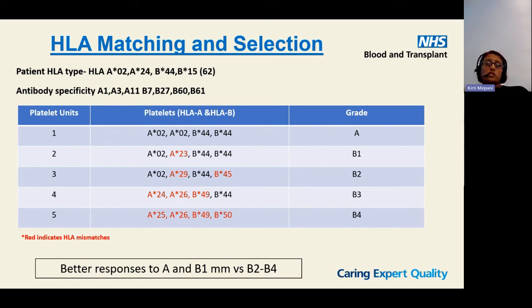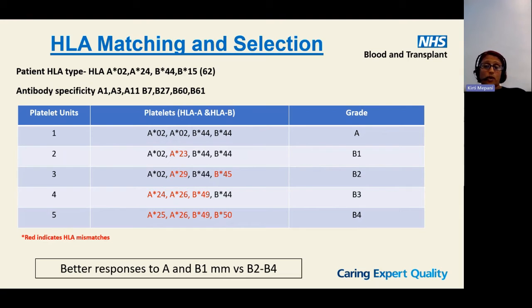And these, anything from B1 to B4, we actually term as selected platelets, and only the A match grade is a matched platelet. So that's HLA matched platelet, and B1 to B4 is HLA selected platelets. We know from data that better responses are usually from A to B1 compared to B2 to B4, and that's what we're really aiming for.